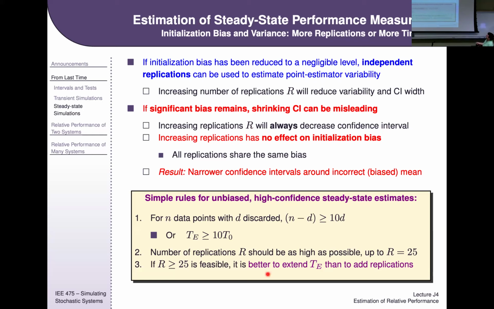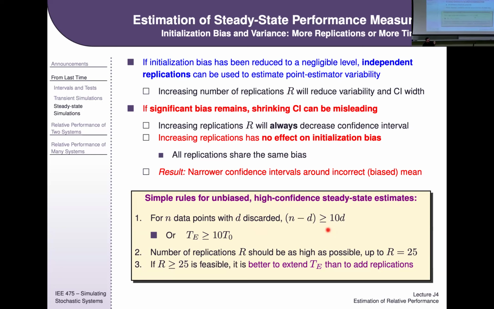So what can we do? Well, we're going to discard a certain number of points from the beginning. And how do we decide how to balance the discarded data versus the data we keep? This is a simple rule. It is not guaranteed to work for you all the time, but it is a simple rule to start with.